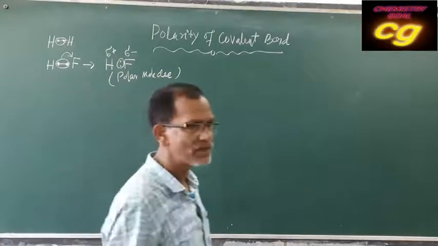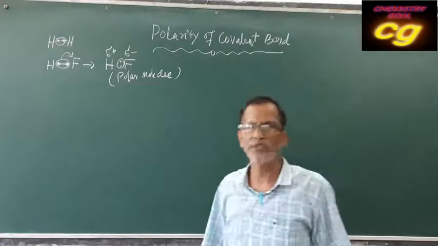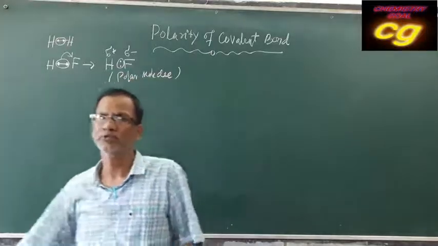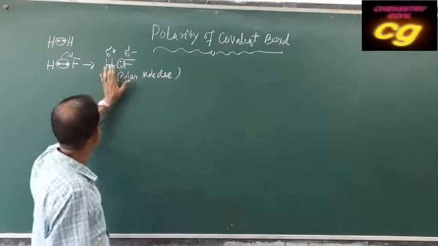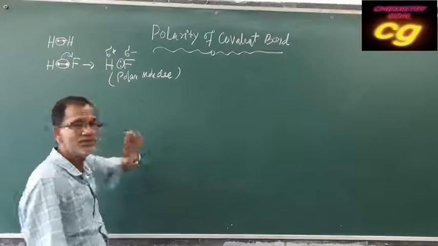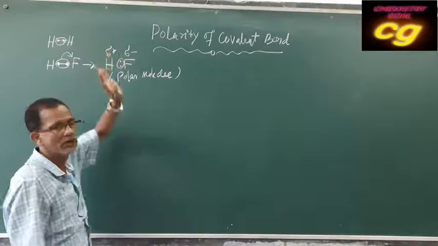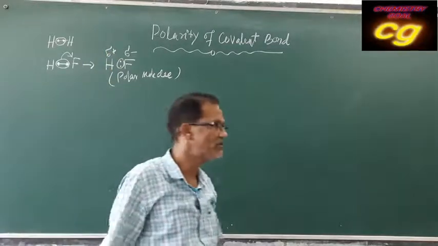Polar molecule means formation of partially positive and partially negative charges on the atoms. We can say this covalent bond is a polar bond because H has a partial positive charge and F has a partial negative charge.